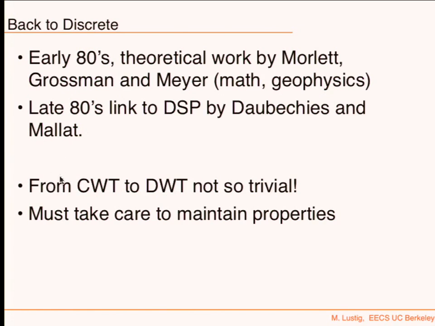So the question is really, how do we go from this continuous time representation into discrete time, while still preserving all the properties, let's say orthogonality, being able to represent things, and the plug, and being able to reconstruct things? And it turns out it's not so trivial. You have to really pay a lot of attention when you go to the discrete case.